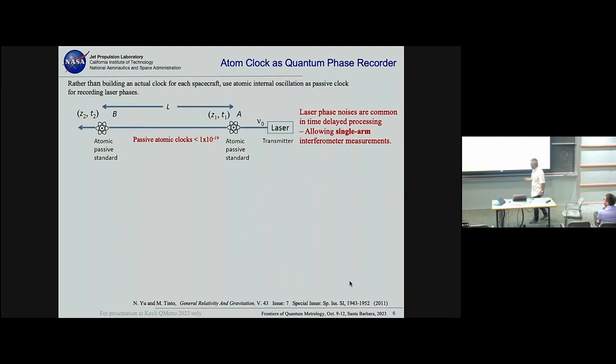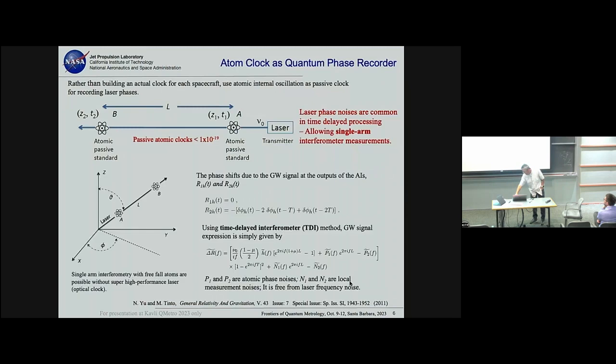But anyway, we did look at this about 10 years ago. We did it the same way as a LISA time-delayed interferometer, using atoms as local clocks to compare the phase between the laser in a common laser system.